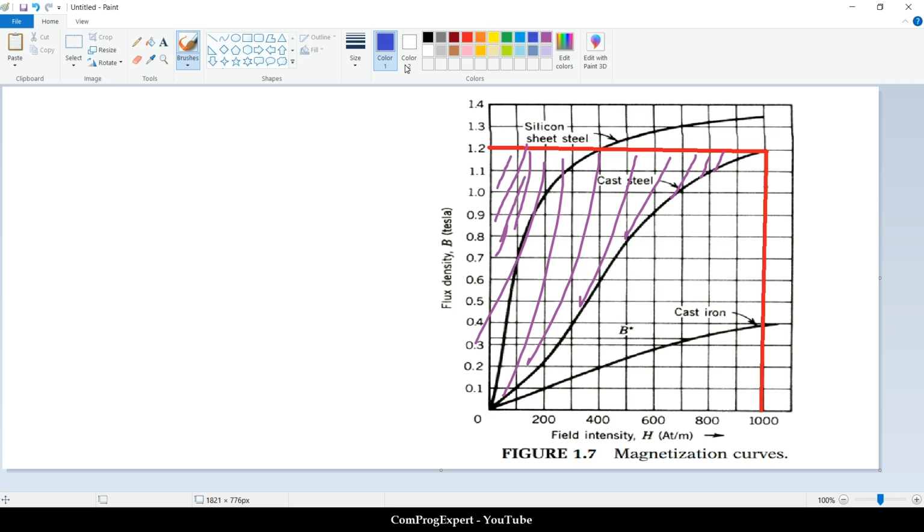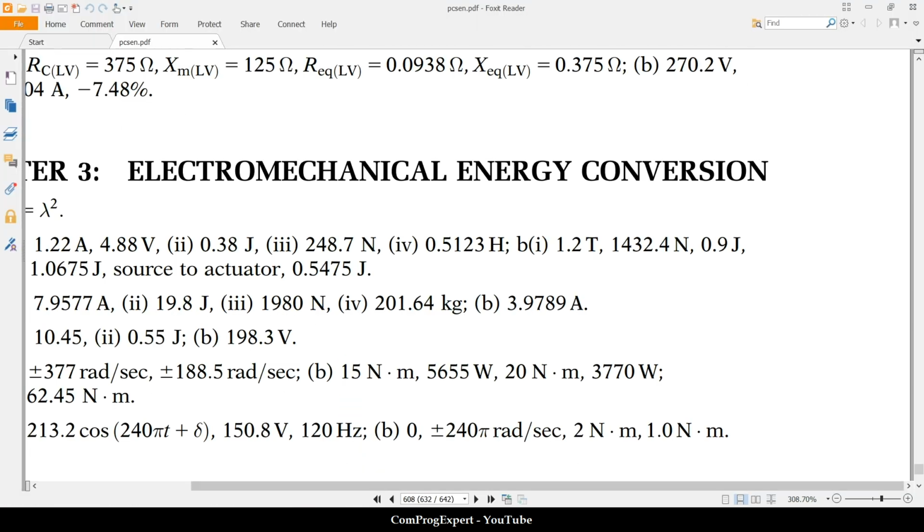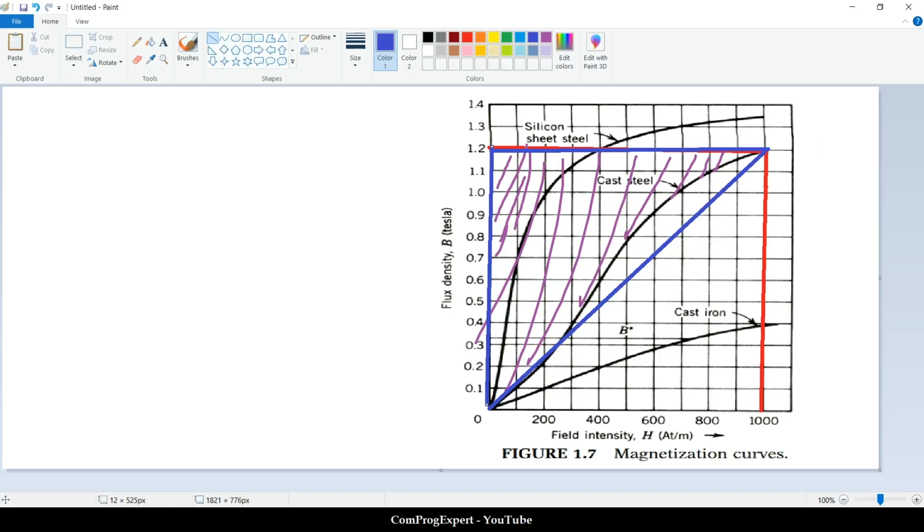Again, if we have the BH curve data, we can calculate this area numerically, but we can also approximate it using this triangle, using an approximation method. In the problem, it should be mentioned that we should use an approximate method for calculation of the stored energy.